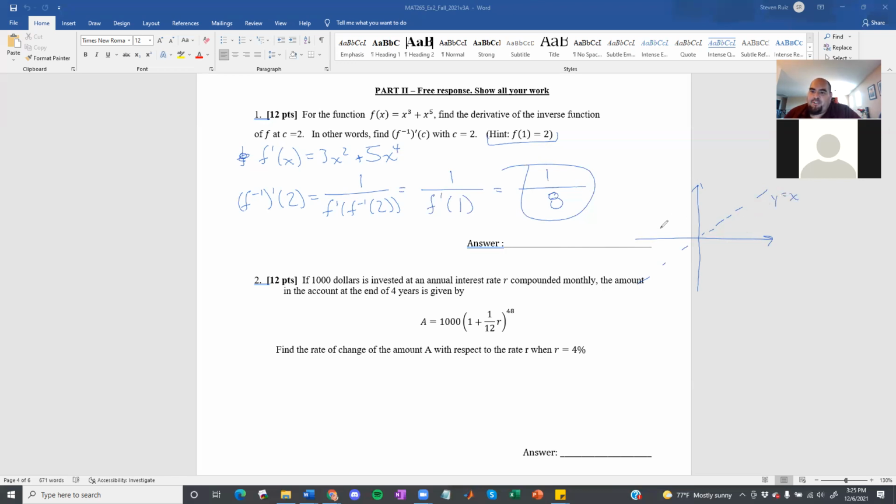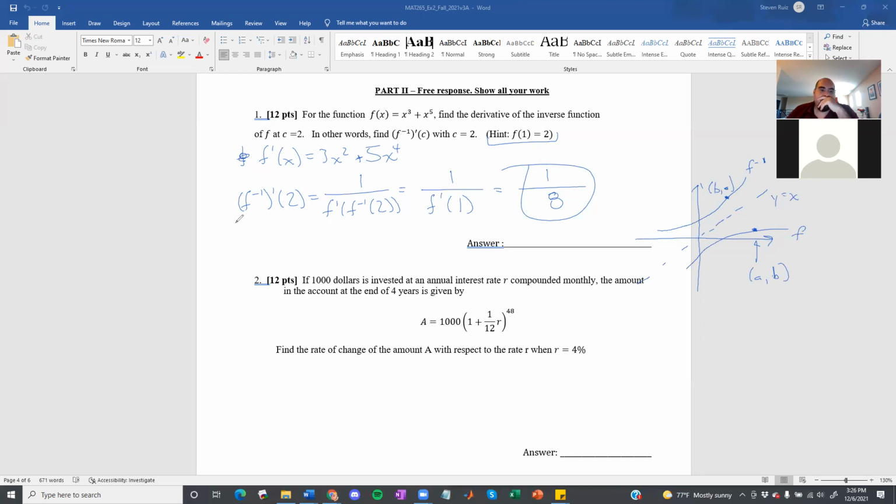So if you have some function like this, and I'll try to replicate it, the values basically switch, right? Yeah, because that's kind of what an inverse function does. So let's say this point right here is (a, b). That means there's a point on the inverse function called (b, a). Okay.